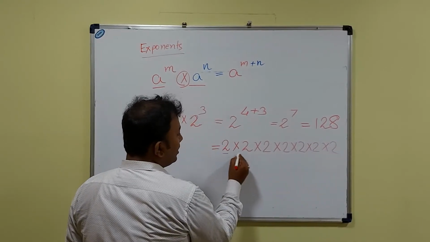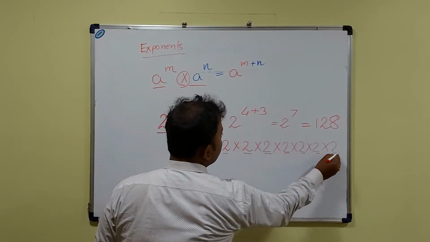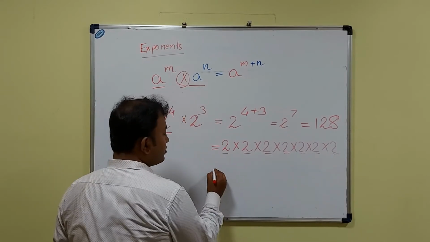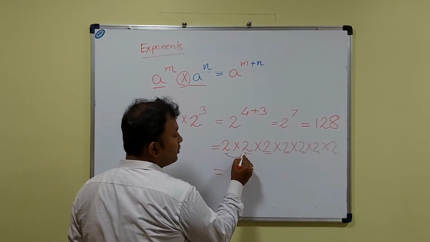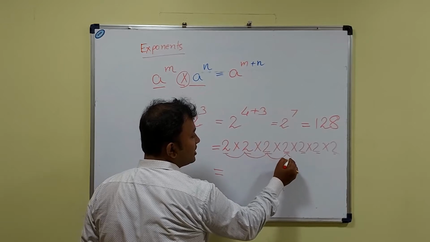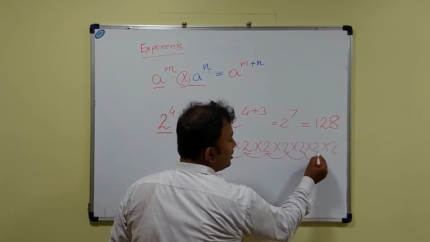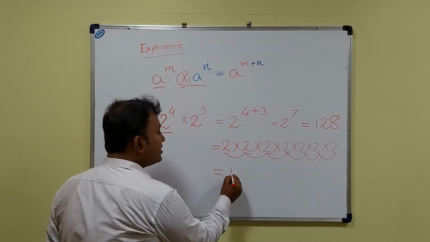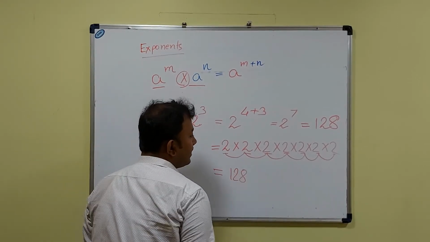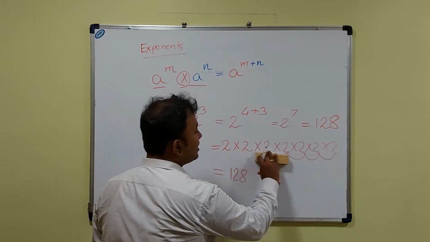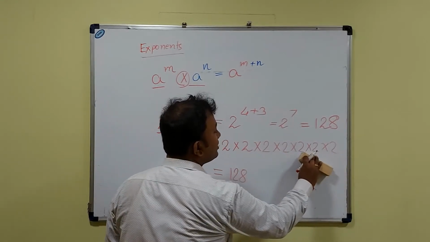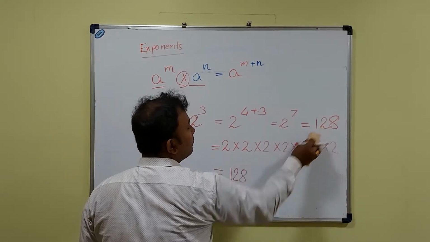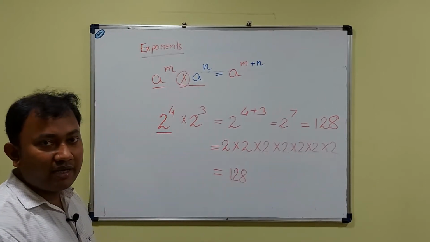See, 1, 2, 3, 4, 5, 6 and 7 2's are there. So their product will be 2 into 2 is 4, into 2 is 8, into 2 is 16, into 2 is 32, into 2 is 64, into 2 is 128. That's why I have written 128 directly here.